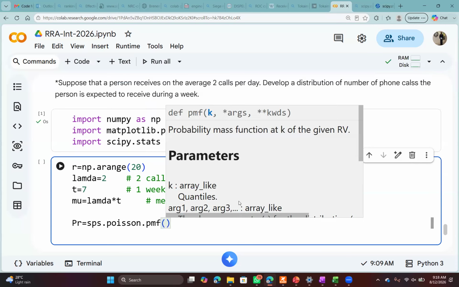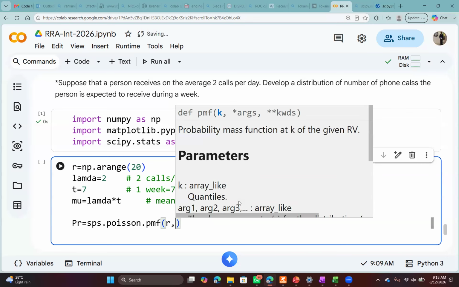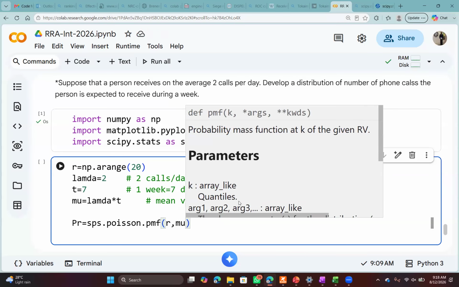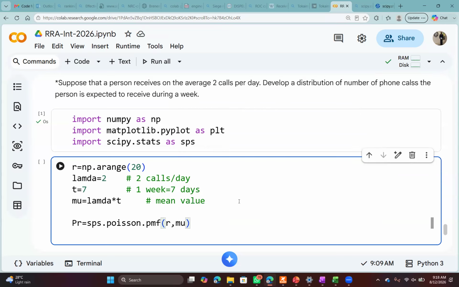So the first variable is the discrete variable, the vector. So R vector was defined, R, and then I require the mu value and location. If not specified, it will be directly considered as 0, right? The distribution starts from 0.